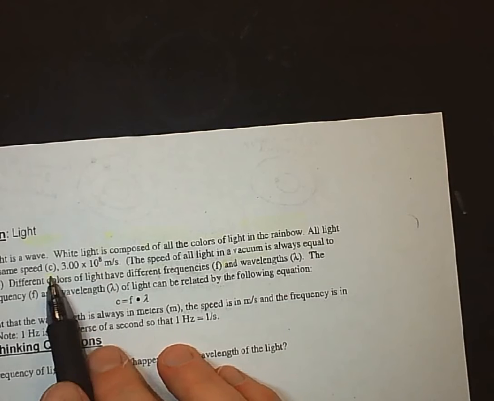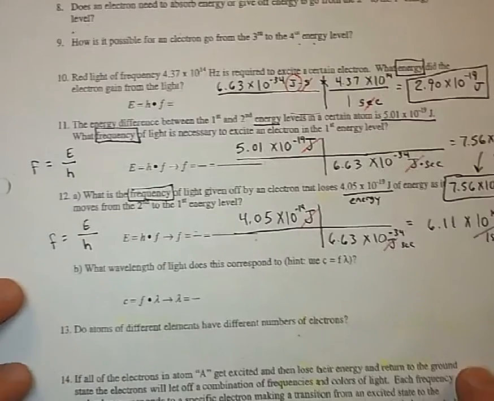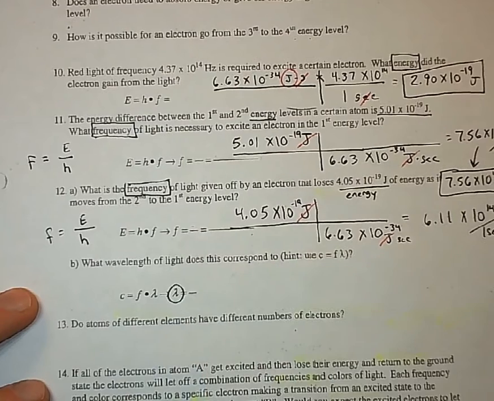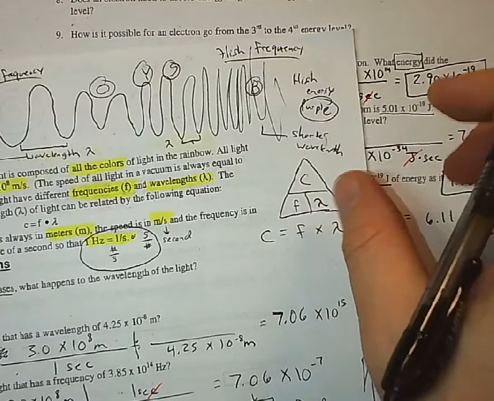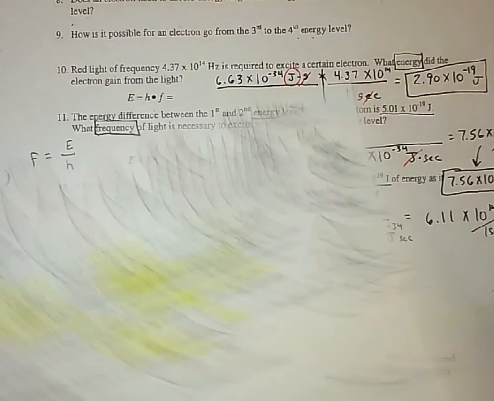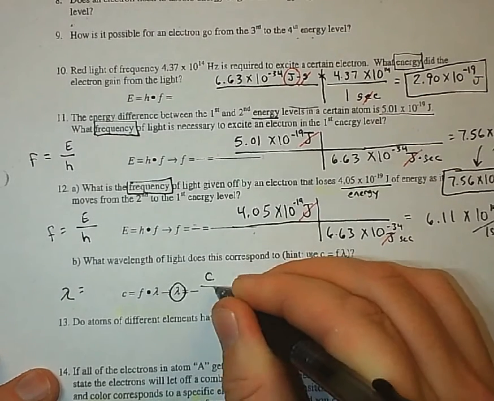That's c, the speed of light, meters per second. So now we're looking for wavelength. Same thing as we did last time: if we're solving for wavelength, it's the speed of light divided by frequency. So now this equals c divided by f.